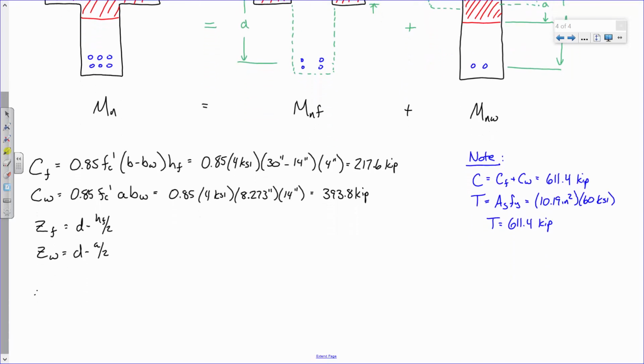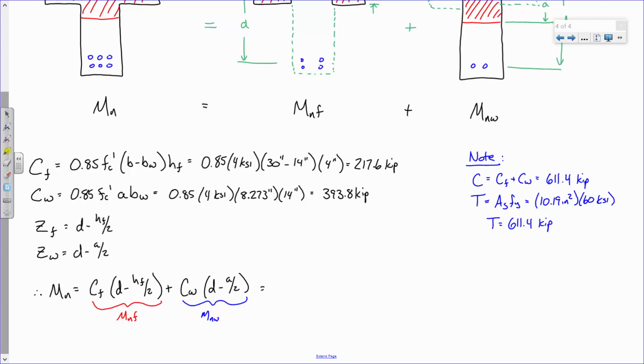So if you want to know how we compute MN, we take C sub F times D minus HF over 2, plus C sub W times D minus A over 2. So this is what I meant when I said this right here is MNF and this right here is MNW. Everybody okay with that?